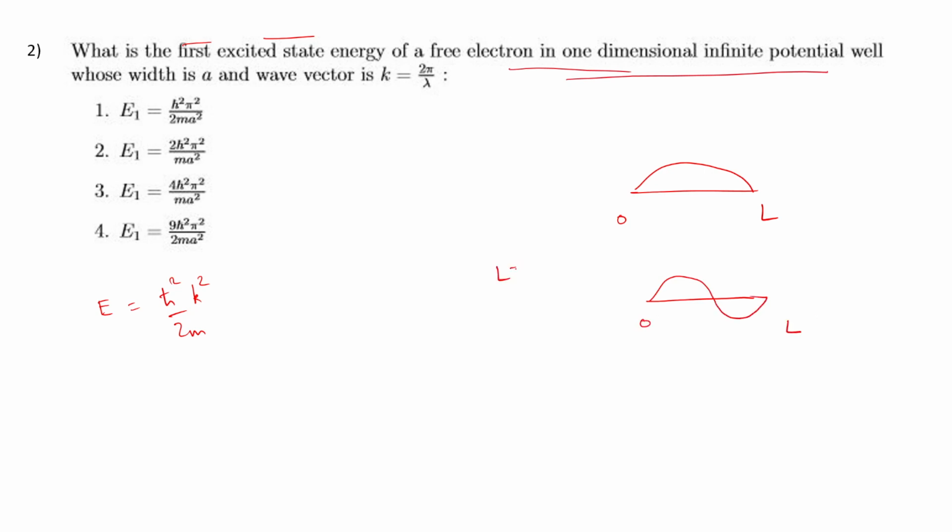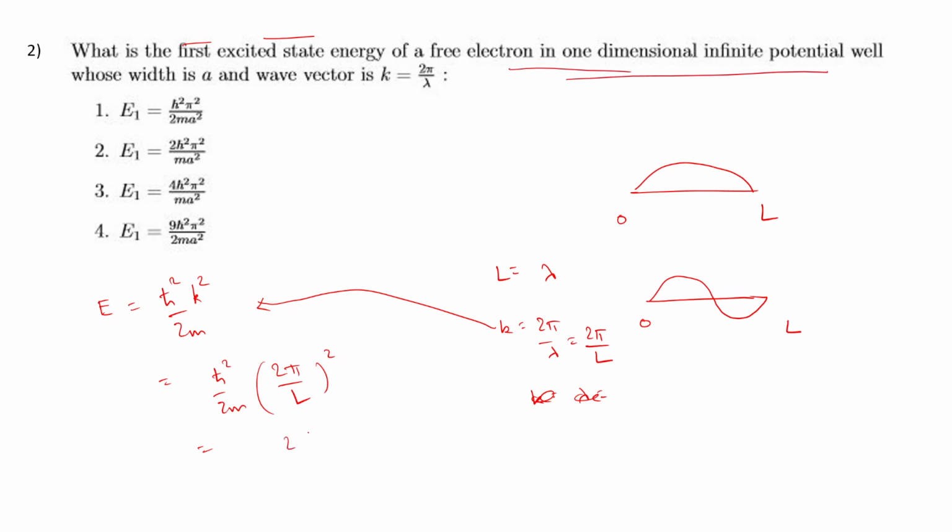So basically L is equal to λ, the whole wavelength. So k is equal to 2π by λ, and λ is L, so k is 2π by L. You just put this value of k here: ħ² over 2m, with k equal to 2π by L whole square.